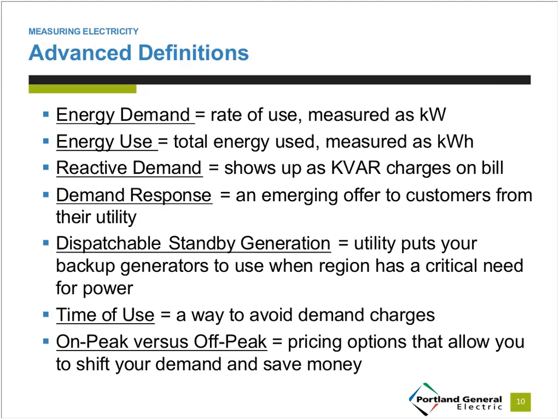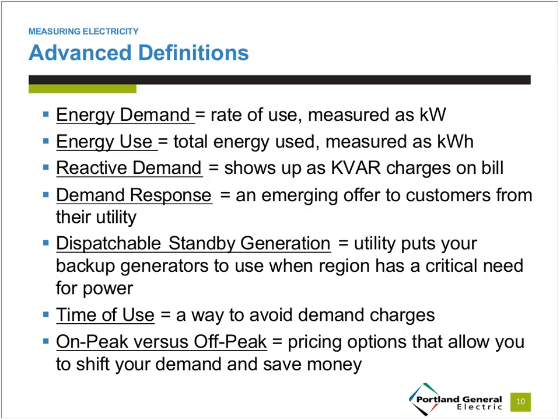So energy demand is something you might find on your bill. It involves the rate of use, measured as kW. There's energy use, the total energy used, measured as kWh, and this accounts for most of the costs on an energy bill. Reactive demand may show up as kVAR charges on a bill for larger commercial and industrial customers.